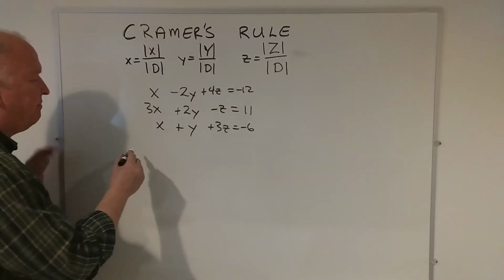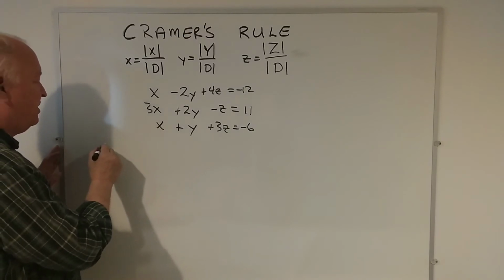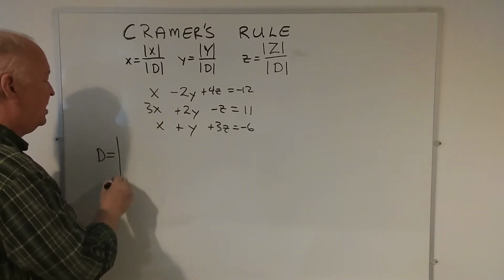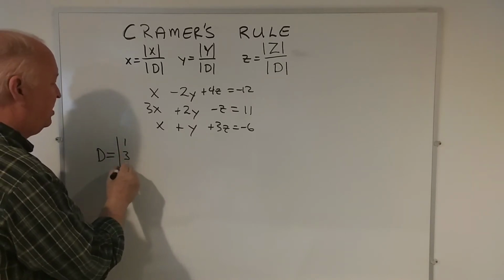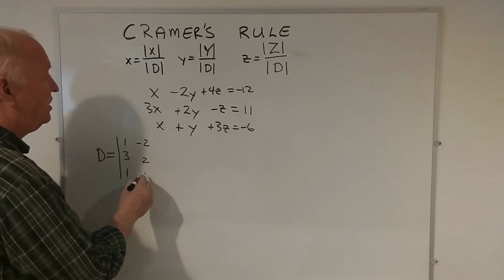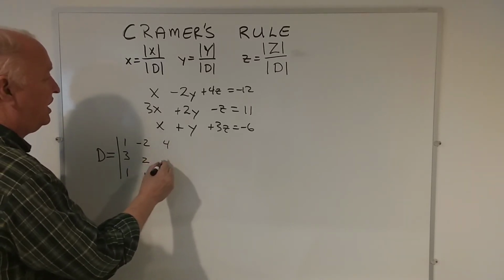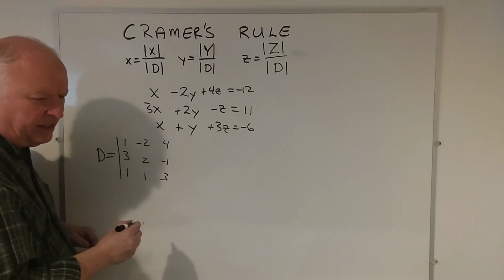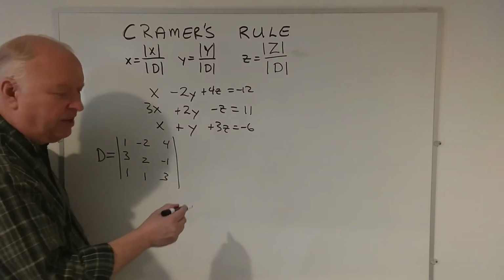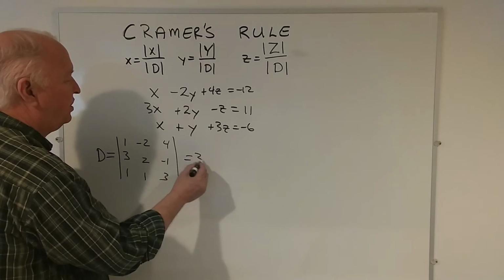All right, so our D matrix is this: 1, 3, 1, negative 2, 2, 1, 4, negative 1, 3. And if you calculate the determinant of this, that's equal to 31.